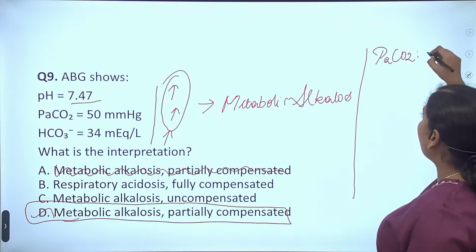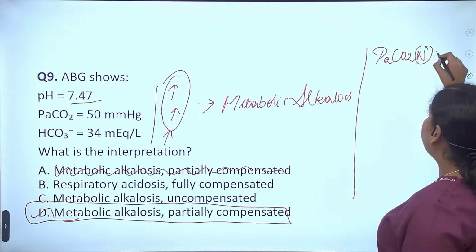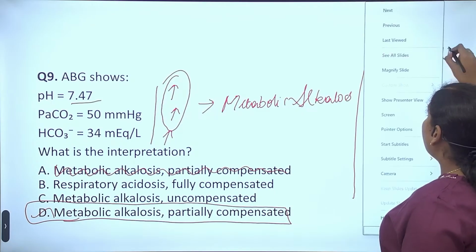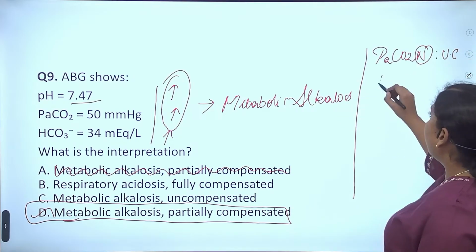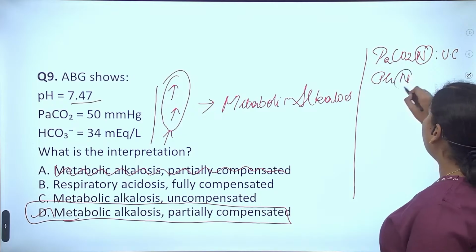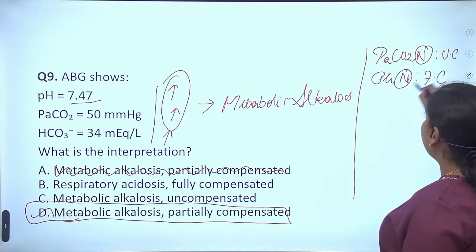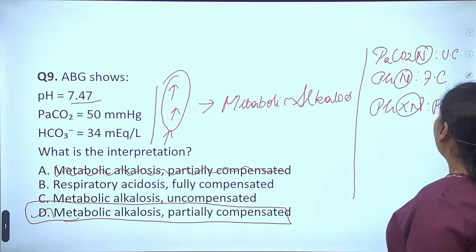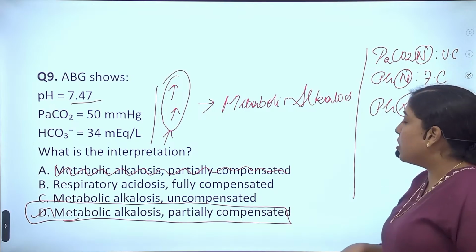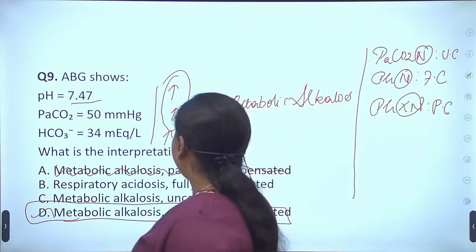When PaCO2 is normal, it is uncompensated. When pH is normal, it is fully compensated. When pH is not normal, it is partially compensated. Right? So here we come back to the question.